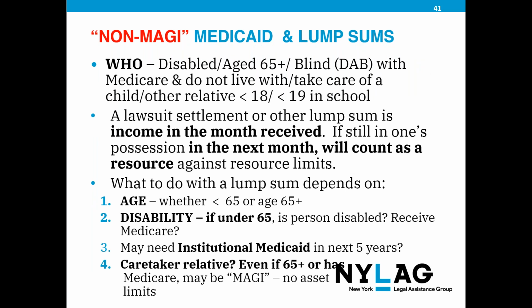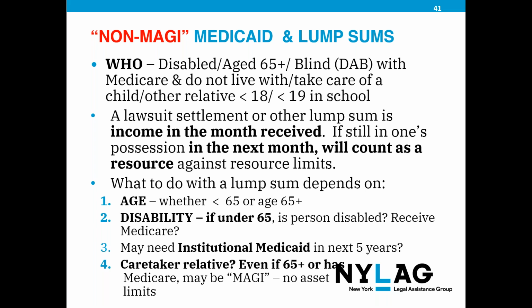So if they are in that category, and they're not MAGI, now we're going into the non-MAGI people. They are 65 or over, or younger than 65 and they do have Medicare, and they are not caretaker relatives for a minor child.